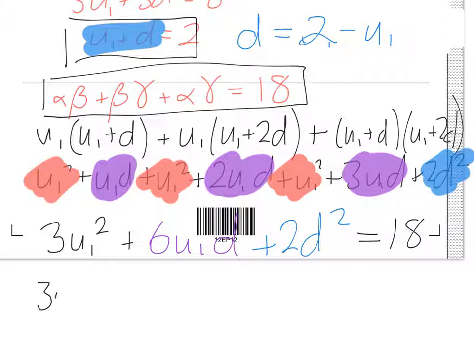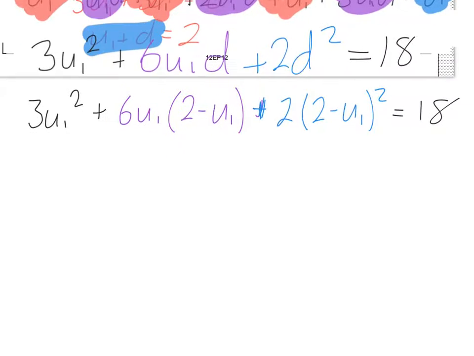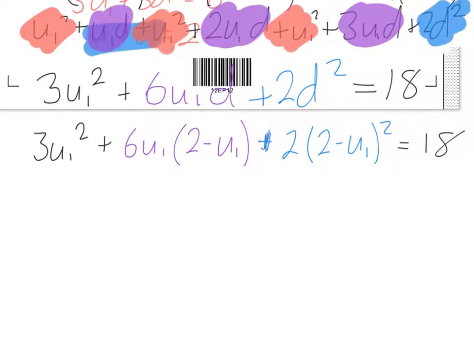We get 3u1 squared plus 6u1 times (2 minus u1) plus 2 times (2 minus u1) squared equals 18. So it's just a case of solving this now.